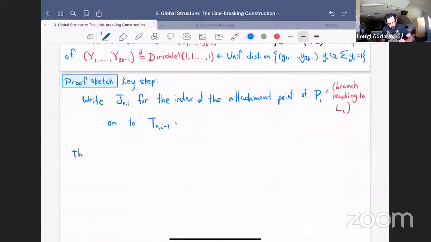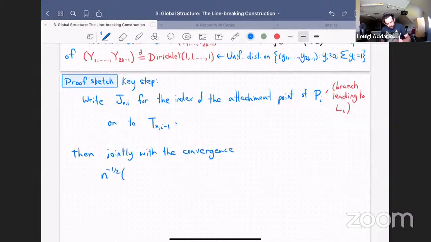Then remember we already had a convergence, which I'm now going to extend, jointly with the distributional result.